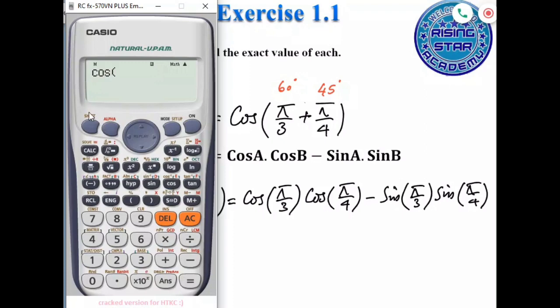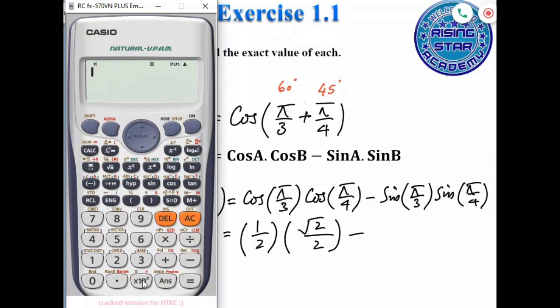Cos of shift pi by 3. So that is 1 over 2. So let me write. The next is cos of pi by 4. So cos of shift pi by 4, that is square root 2 by 2, minus.